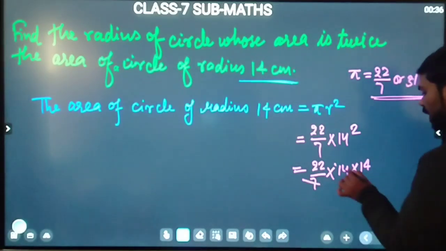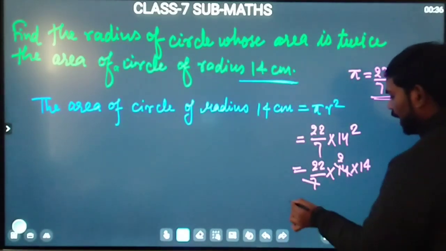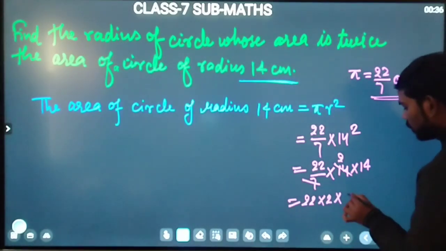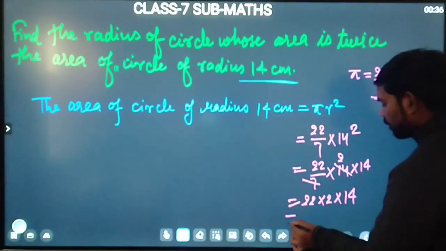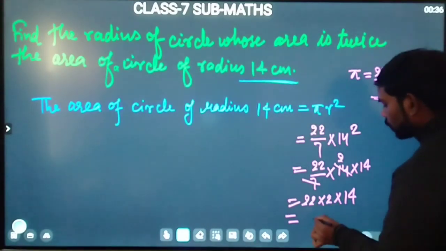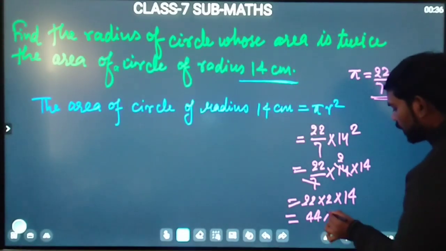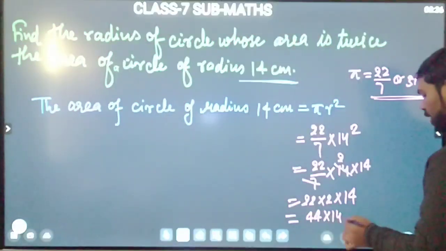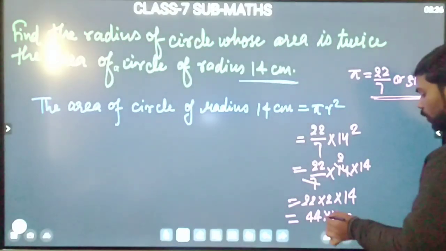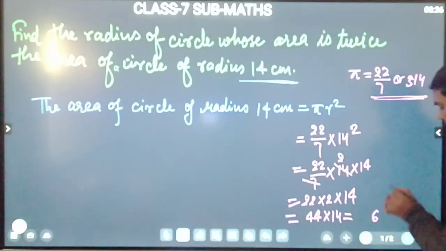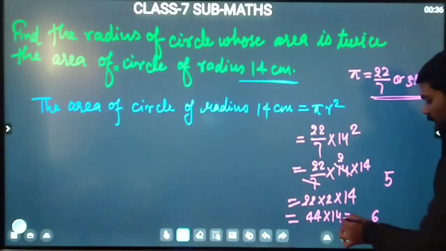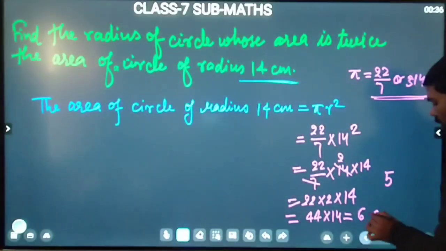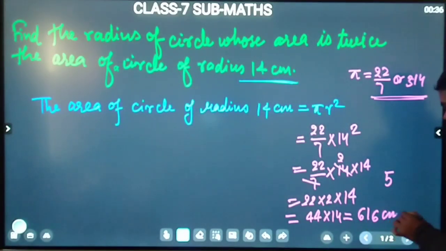Now 7 divides 14 two times and we get 22 into 2 into 14. Multiply 22 into 2, we get 44, and into 14. When 14 is multiplied by 44, we get 616.